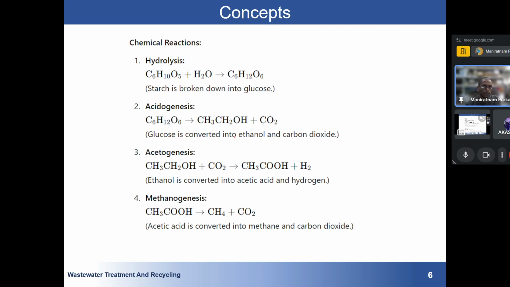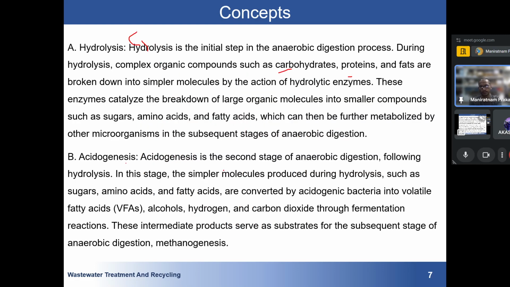Bacteria act on this glucose and there is a reaction happening in the presence of bacteria in the absence of oxygen. That's why this is getting converted into ethanol, which is a kind of alcohol. This process is known as fermentation, and you can see that CO2 and ethanol are produced.